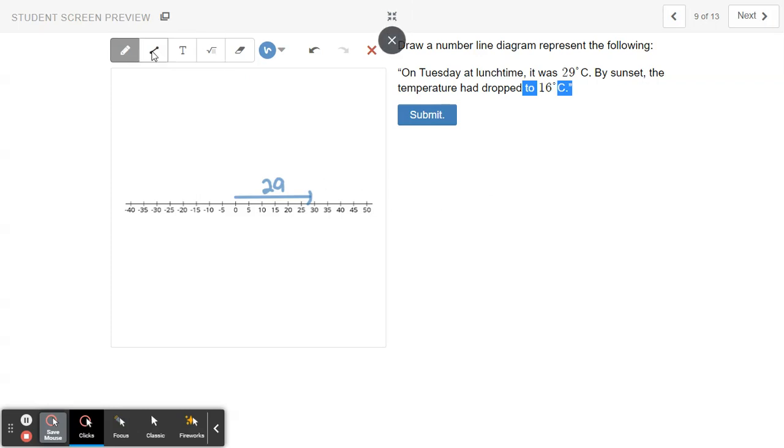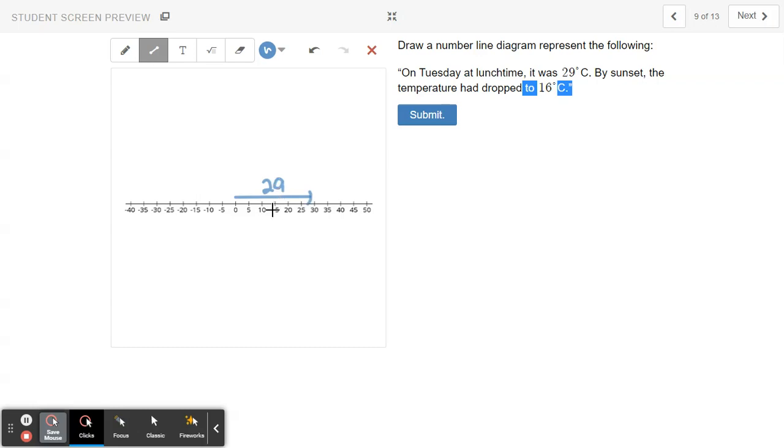A lot of students would see this and say, oh, my line has to go back because it's dropping, which is true, but it has to go back and the line has to be 16 long. That's not true. It's saying it dropped to 16 degrees. So I'm going to start where we left off at 29, right? But I have to make this go back and end at the 16 degree mark, right?